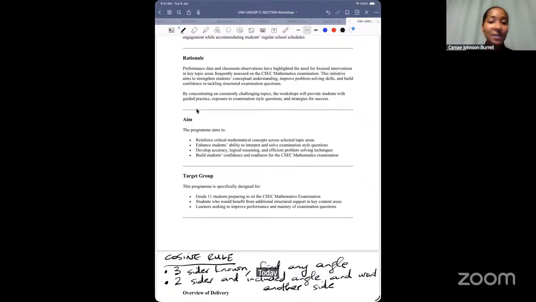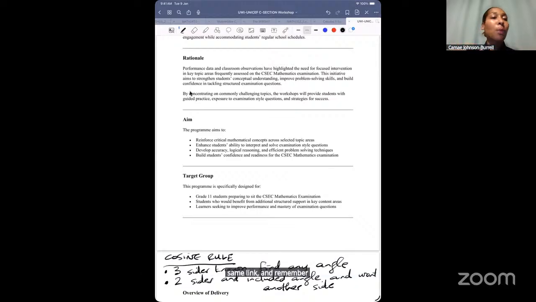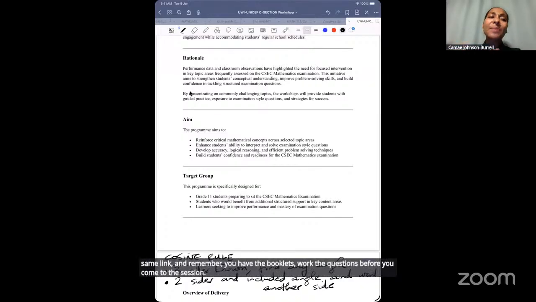Today is our first session, part 1. So we have part 2 of geometry and trigonometry on Thursday, the day after tomorrow, same time, 5:30 p.m., same link. And remember, you have the booklets. Work the questions before you come to the session so that the sessions can go a little bit smoother and faster.